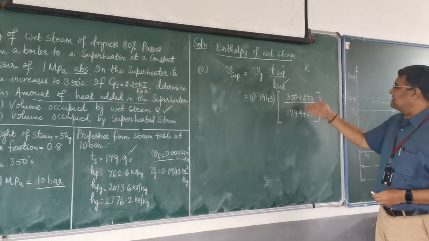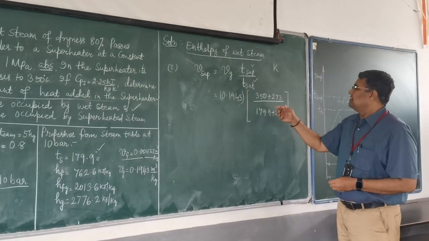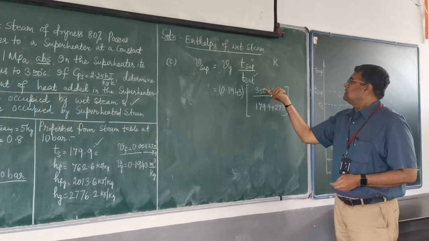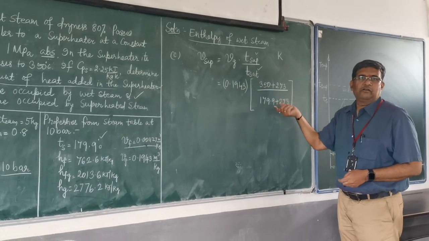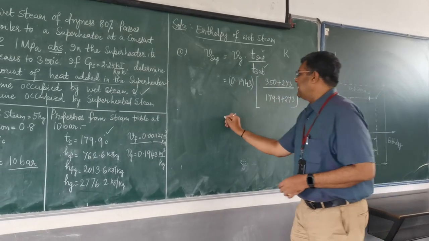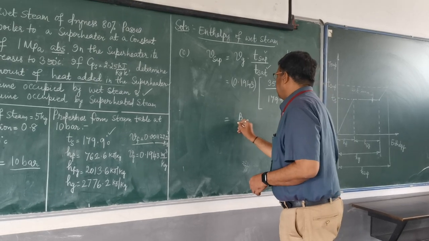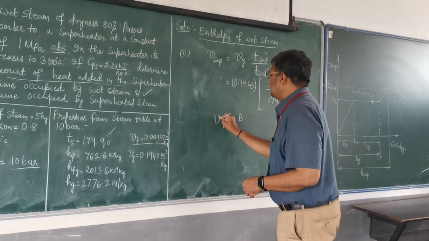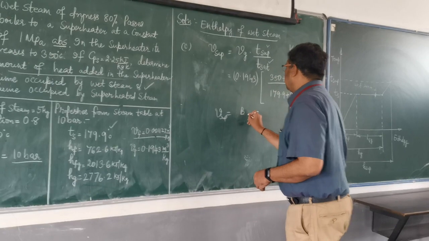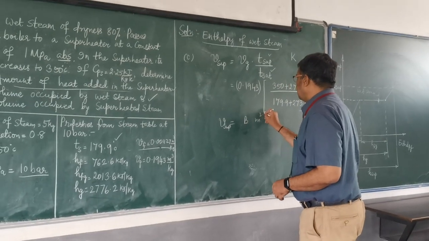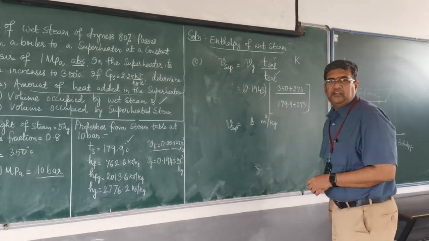Please do not cancel this under any circumstances. So add these two and divide it. You will get some value. Let's say now this is B, which will be in meter cube per kg.